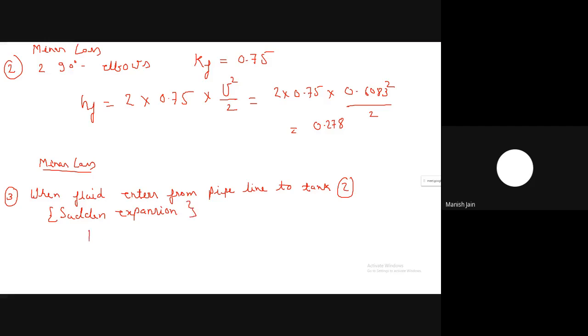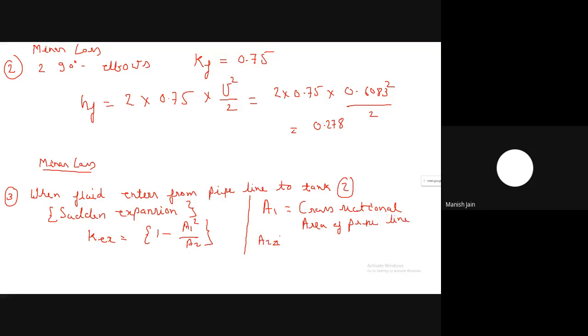For sudden expansion you have the formula Kex equal to, in brackets, 1 minus A1 square divided by A2 square, where A1 is the cross sectional area of the pipeline and A2 is the cross sectional area of the tank.